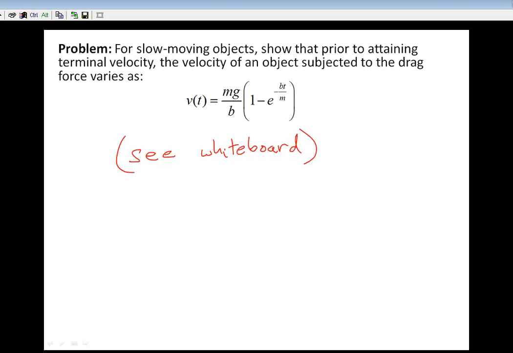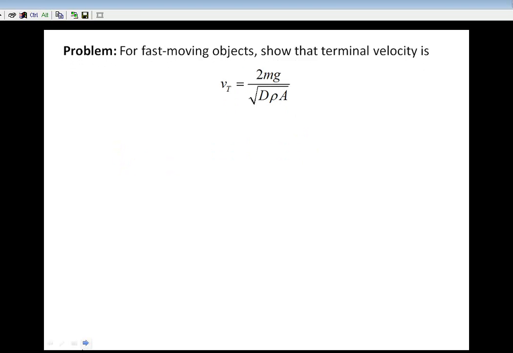Let me hit pause here. Resume this. So for fast-moving objects, we get this. I think this is written wrong. I think this should be the square root of the whole thing. You also have to show for this setup that terminal velocity is equal to that, and it's the exact same idea.